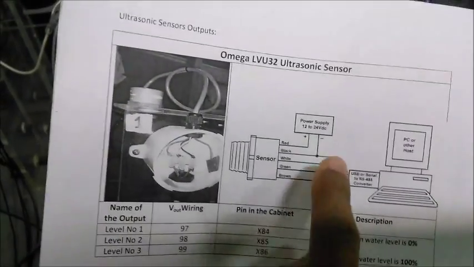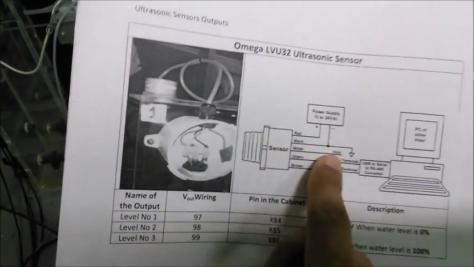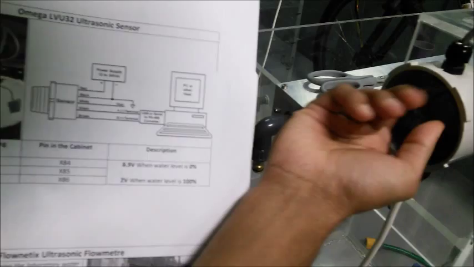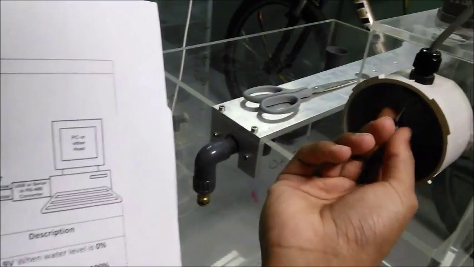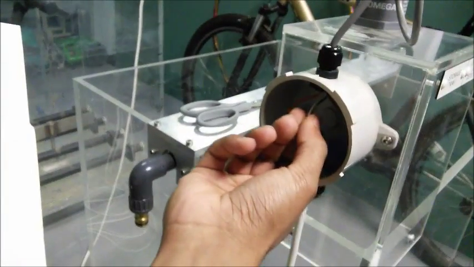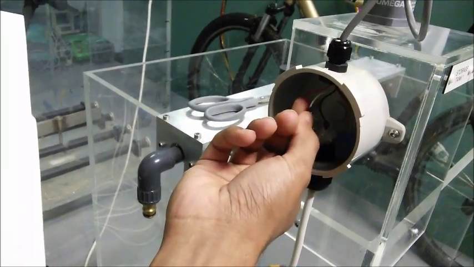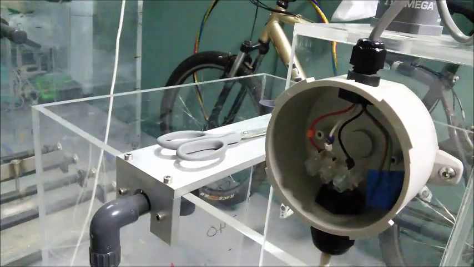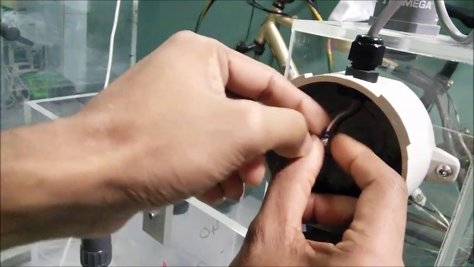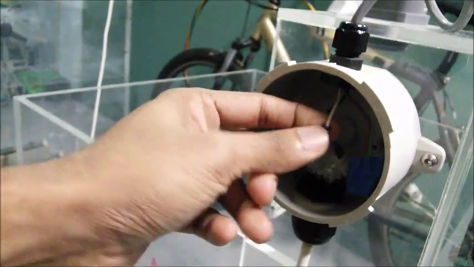So that is the only wire that we will have to take care about. And the number of the white wire that comes out of the sensor is 97 over here. As we can see, it is 97.